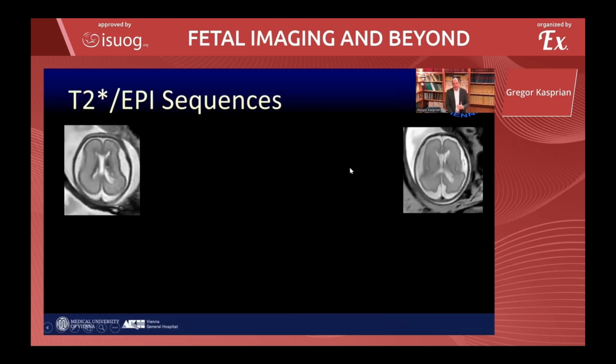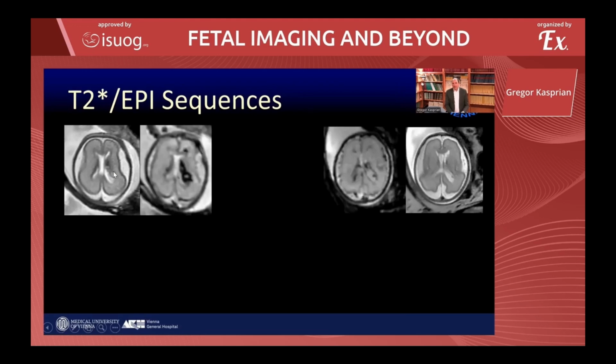Two different other cases with a conventional T2-weighted sequence. Both appear, well, there are some changes here along the ventricle. You see a wider ventricle in this case, and here in the earlier examination, also a little bit of widening and some irregularity on the ganglionic eminence. But look at the EPI.